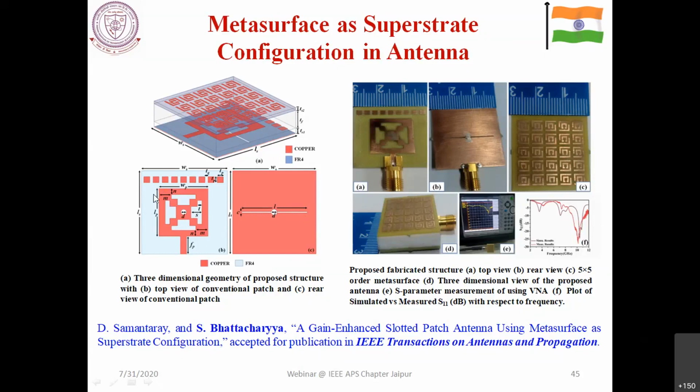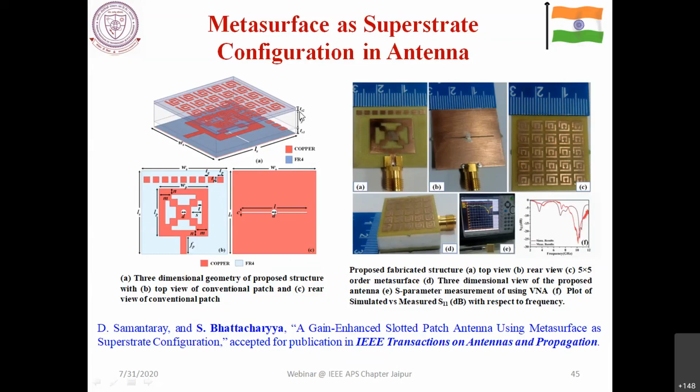To enhance the coupling, we are using more metallic patches on top of the unit cell. The addition of this superstrate layer will enhance the radiation from this particular antenna. You can see how we have done this.